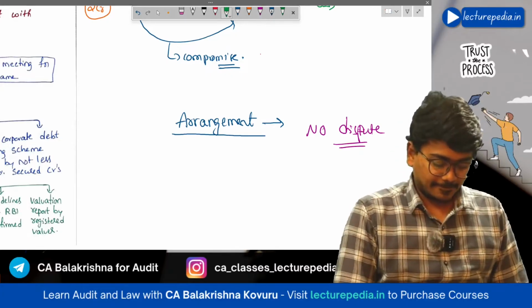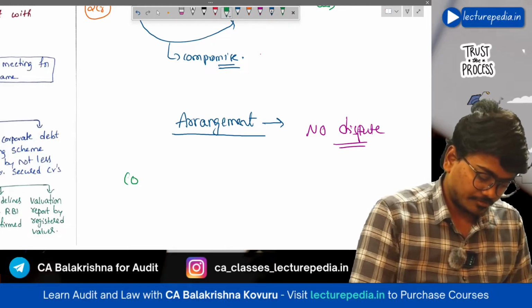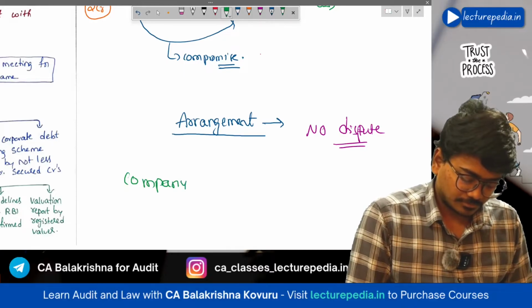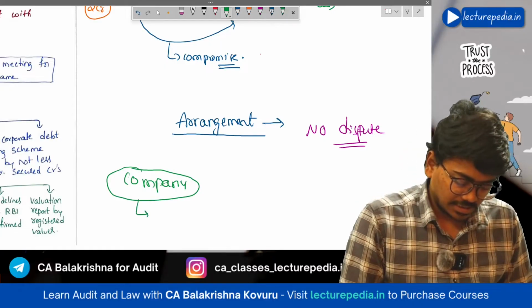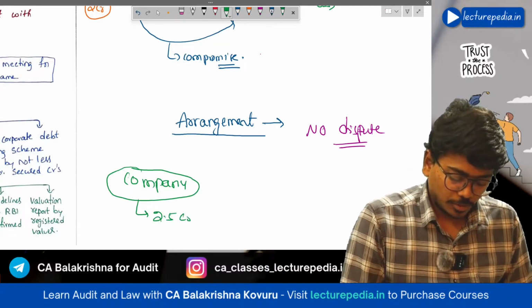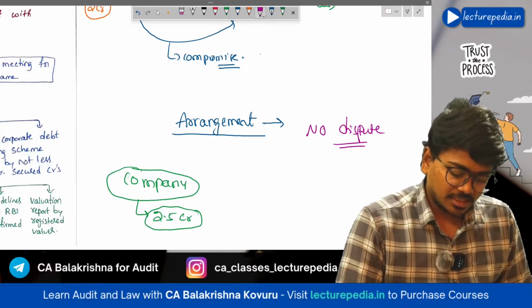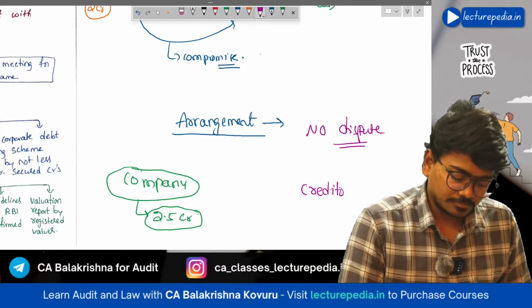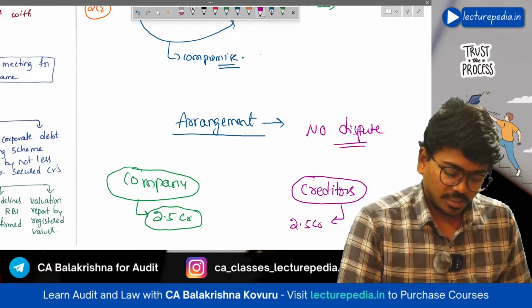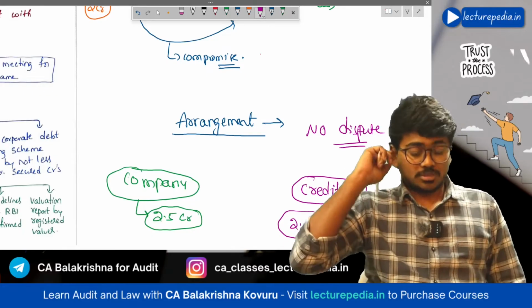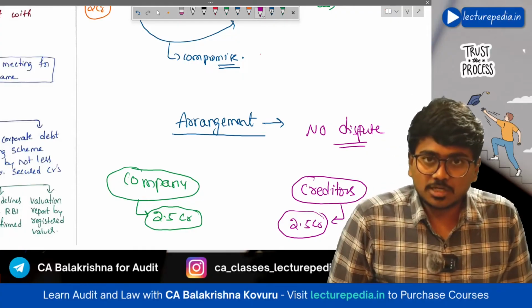Let's say, for example, in the books of accounts of the company, it is showing that the company has to pay 2.5 crore to the creditors. And on the other side, in the books of accounts of the creditors also, it is showing that the company has to pay 2.5 crore. Here there is no dispute, but the company is not in a position to pay the entire 2.5 crore.